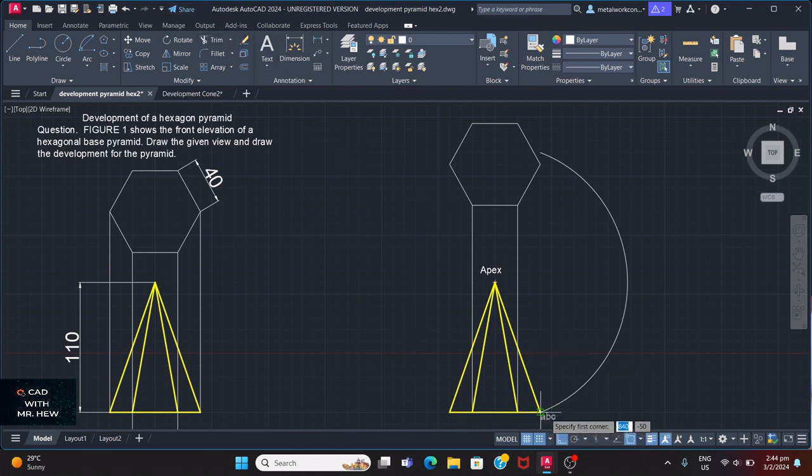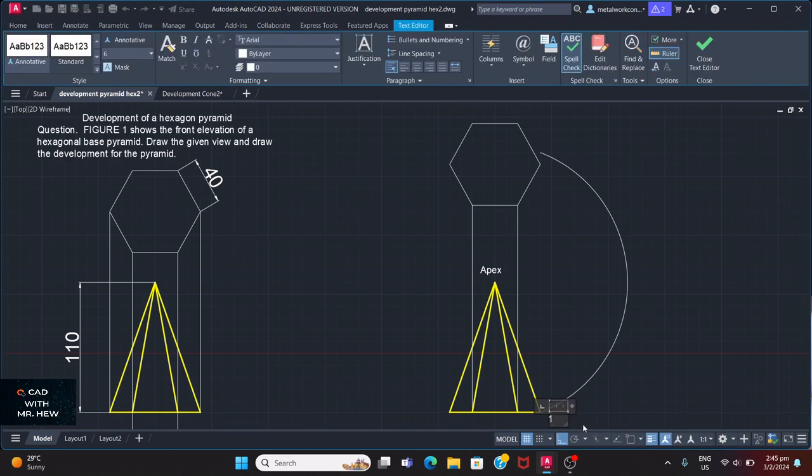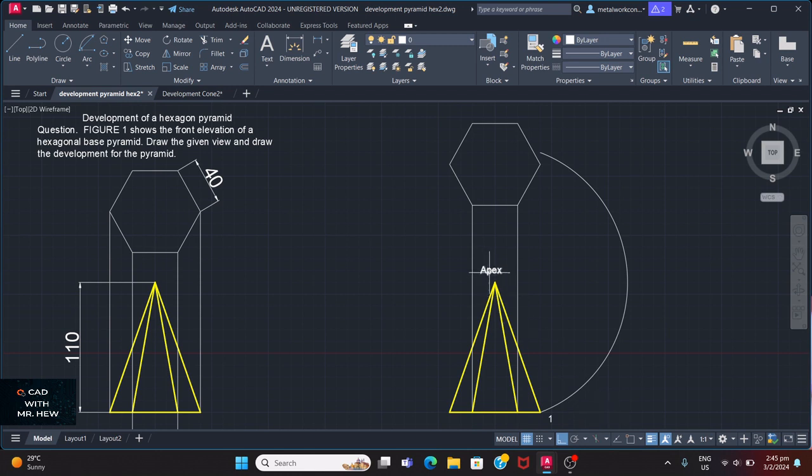Let me label this point 1. All right, so the radius was from the apex to this point labeled 1.